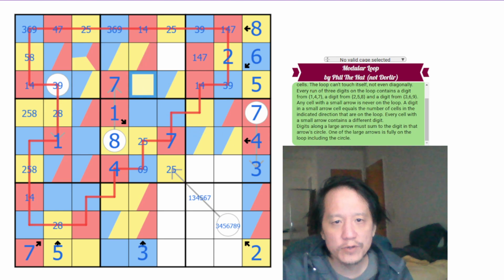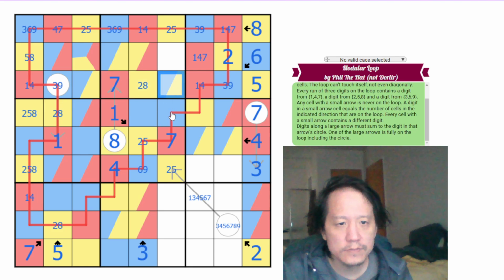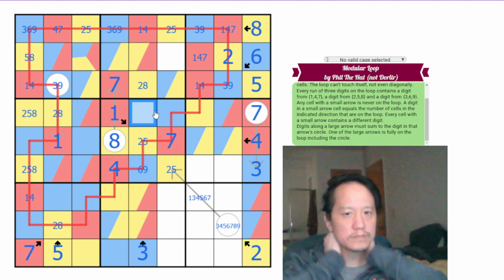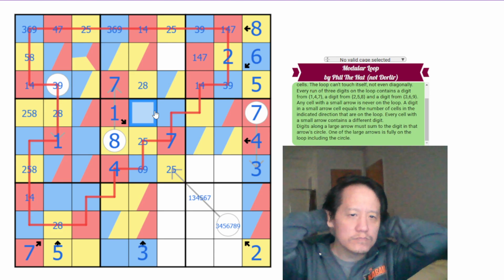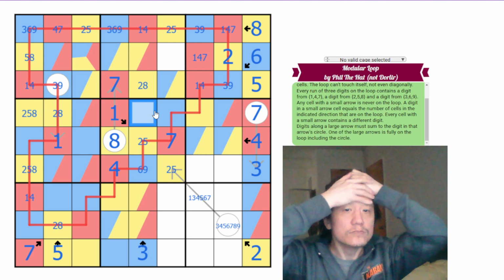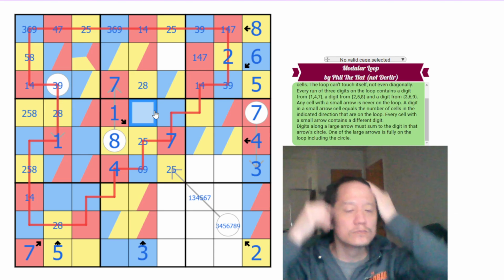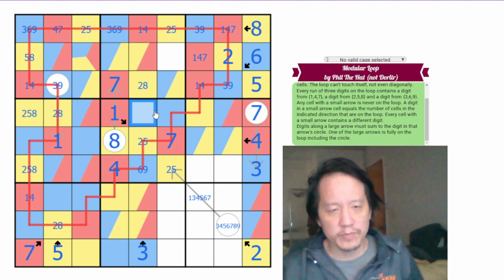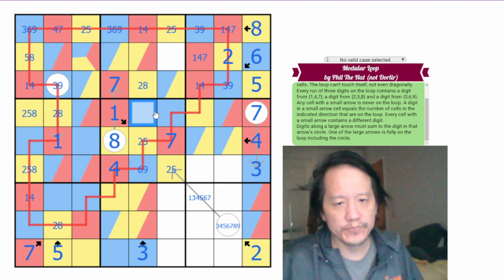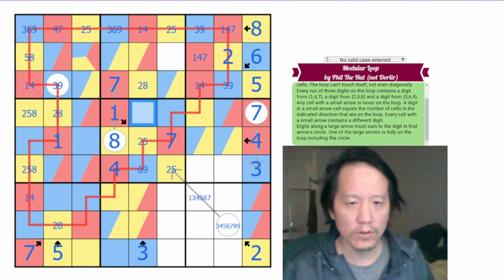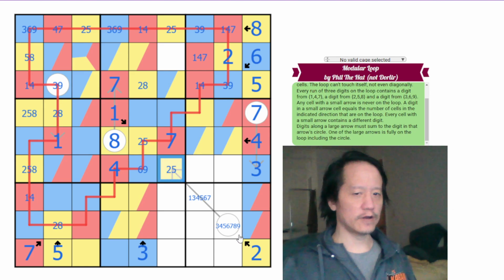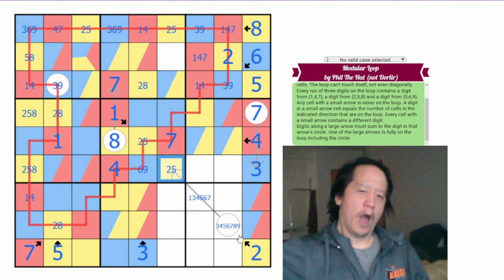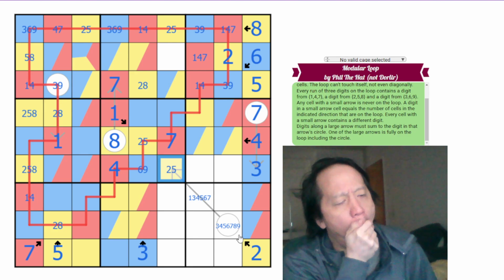This is 2 or an 8. We have 6, 2, and 8 possible. So this is 2 or 5.